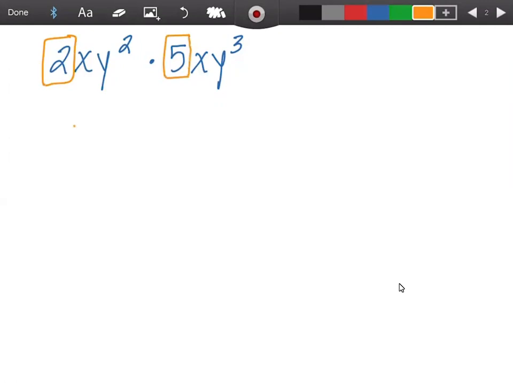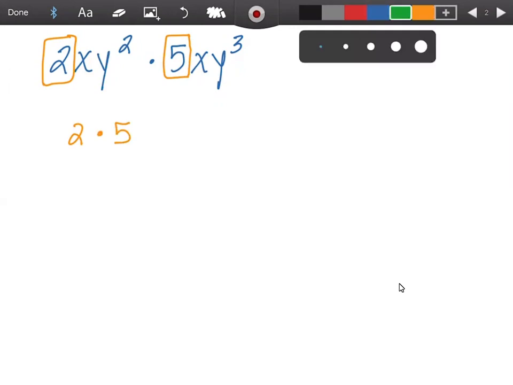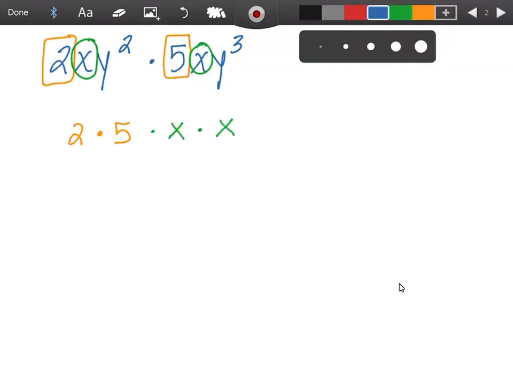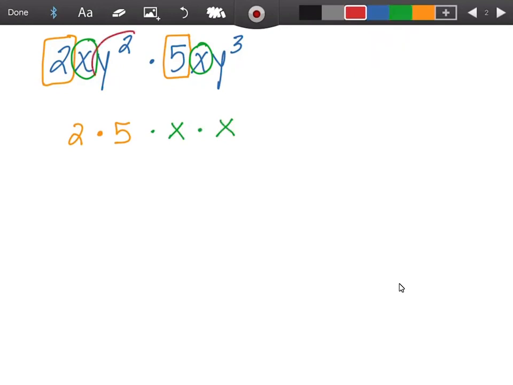So I'm going to say 2 times 5, and then I have x times x, and then I also have y to the second times y to the third power. This is a way that you can group them.